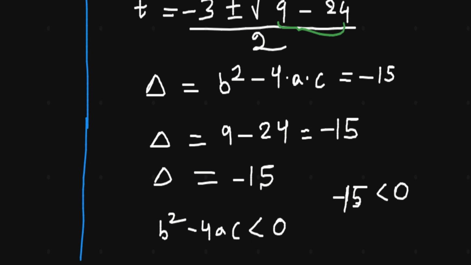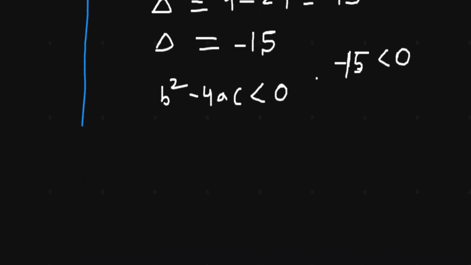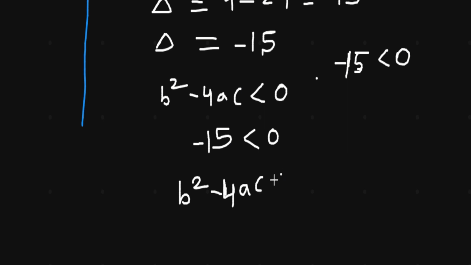So we can write, minus 15 is less than 0. Therefore b square minus 4ac is less than 0 here.